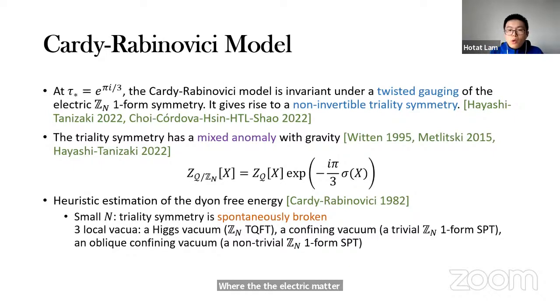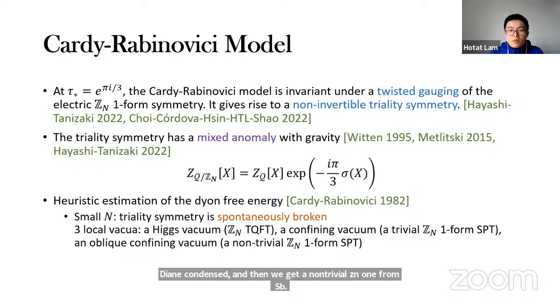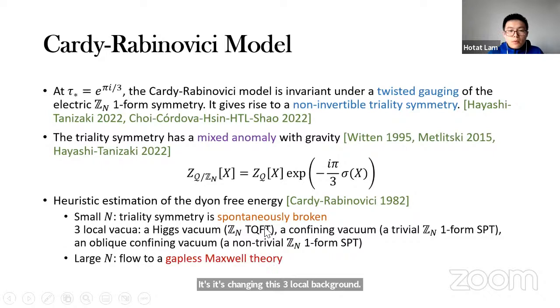There's a confining vacuum where the monopole condenses, and then we get the trivial ZN one-form SPT. There's a third vacuum, the oblique confinement, where dyons condense, and then we get a non-trivial ZN one-form SPT. So what the triality symmetry is doing is exchanging these 3 local vacua. So symmetry is spontaneously broken. Another possibility is what happens when n is large.